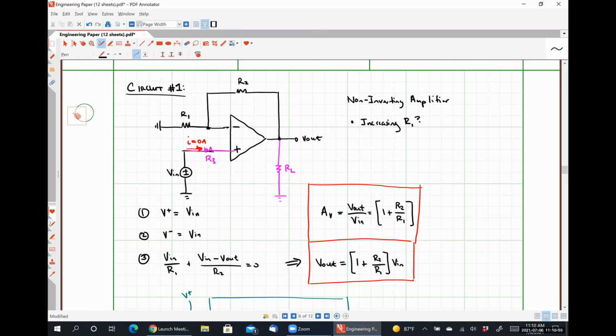So the voltage gain is this guy right here, right? So if R1 gets larger, does AV get larger?